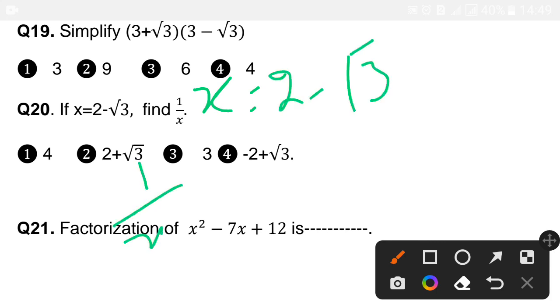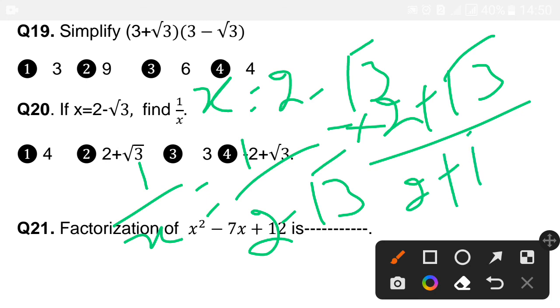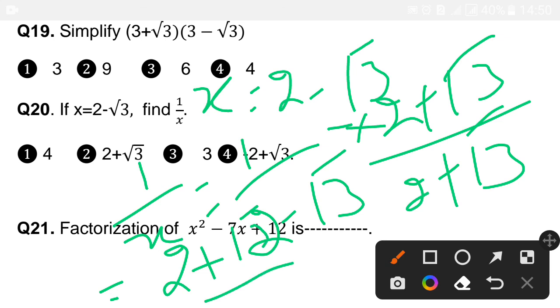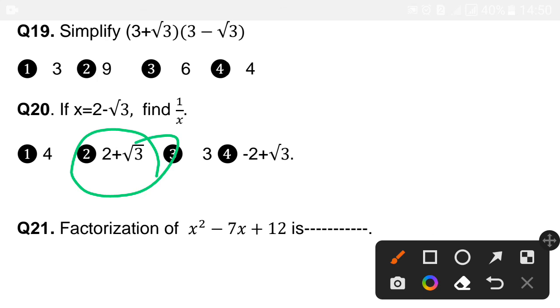So 1 over x will be equal to 1 over 2 minus square root 3, and we take its conjugate, which will be 2 plus square root 3 over 2 plus square root 3. So this will be equal to 2 plus square root 3 over 2 square minus 3. So 4 minus 3, which is 1. So the answer is 2 plus square root 3. So the required answer is option number B, 2 plus square root 3.